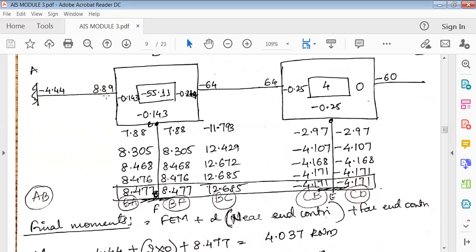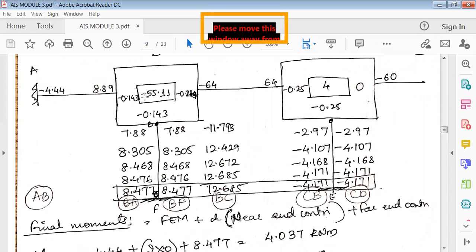Okay. Now see here, 8.89 minus 64 is minus 55.11. Okay. So now you have to carry out the first iteration. So now you have to write it like this only.